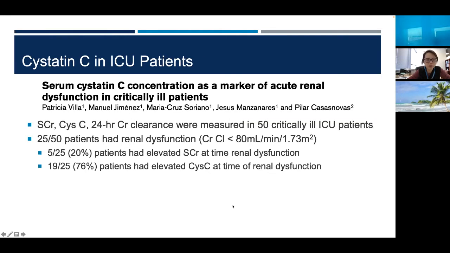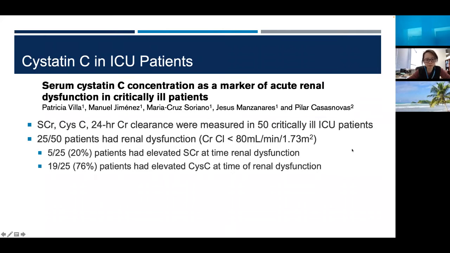So basically they measured the serum creatinine level, cystatin C, and 24-hour urine creatinine clearance in 50 critically ill ICU patients. And about half of these patients had renal dysfunction, which they defined by the 24-hour urine creatinine clearance less than 80 ml per minute per 1.73 meters squared.